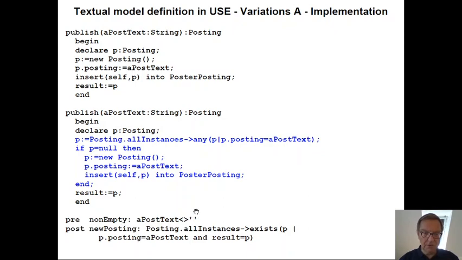The precondition was that we can only post something here, a post text, the parameter here. The parameter is not allowed to be the empty string. And the postcondition was, well, after the operation has been executed, it should be true that in the collection of all posting objects, there is now a posting p such that p.posting is equal to the parameter of the operation.